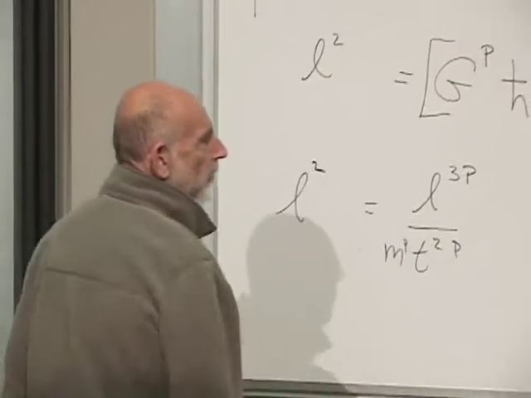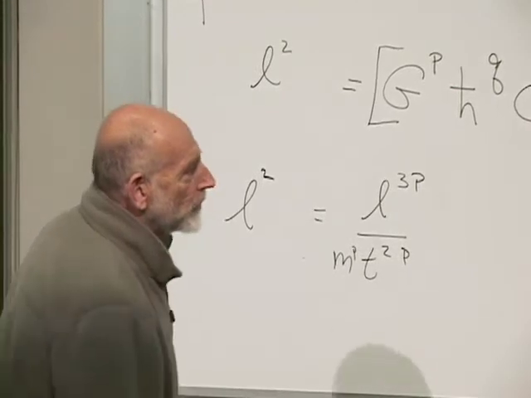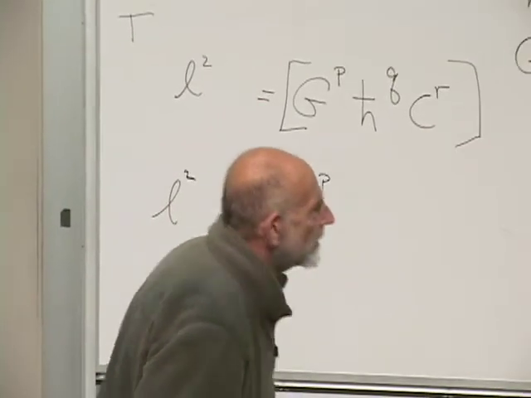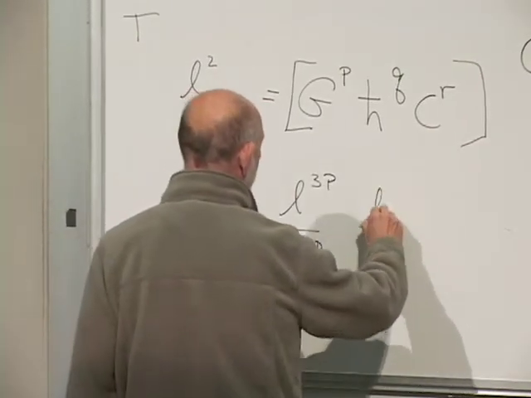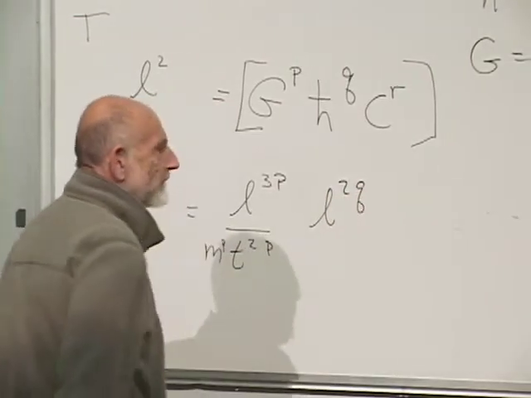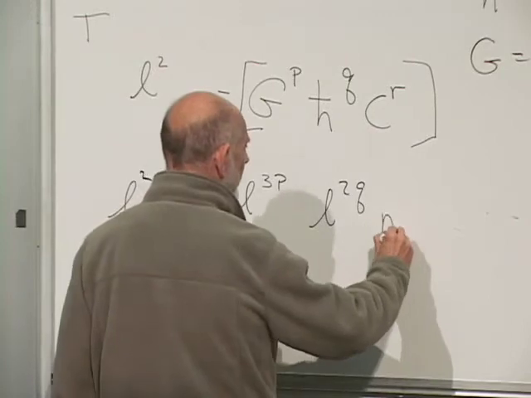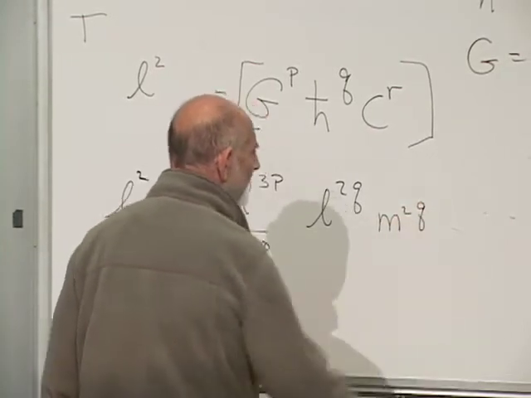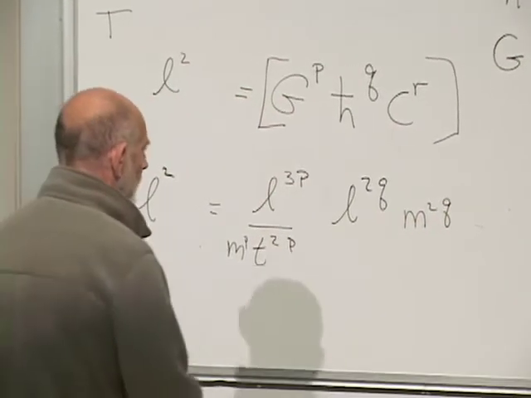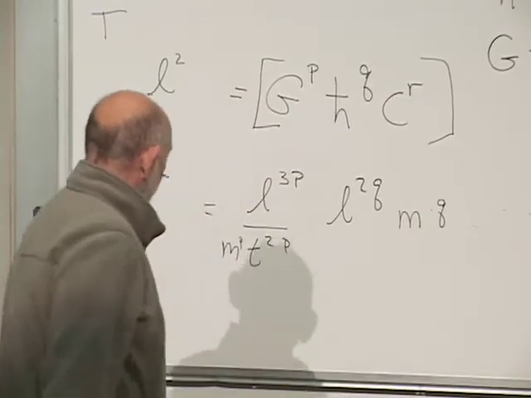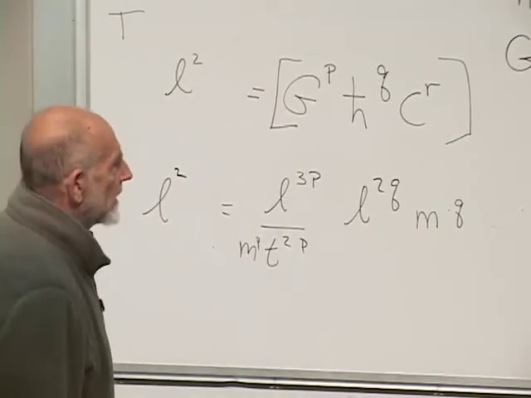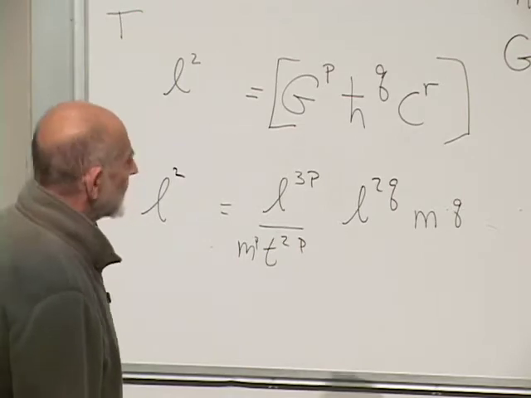Now what about h bar to the q? H bar to the q is length to the 2q, m to the q, and then t to the q.